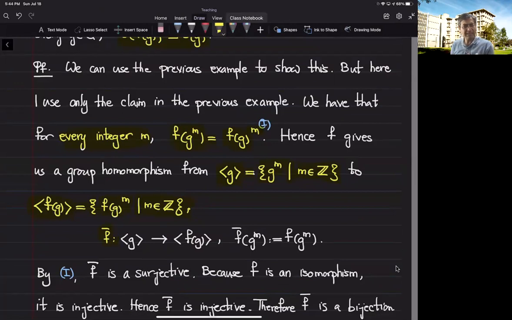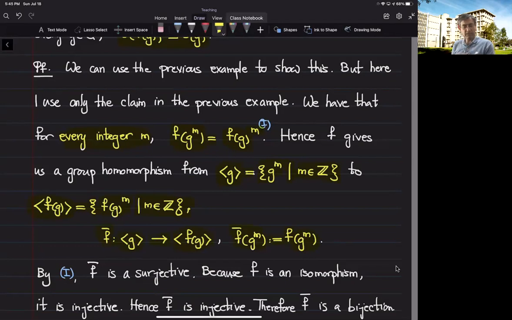But at the end of the day, this is the same as f restricted to this subset, with a different codomain. So f bar is essentially f. When I apply f bar to an element, I'm essentially applying f to that element.